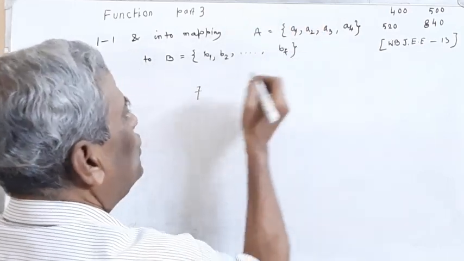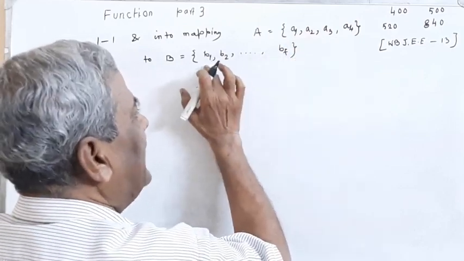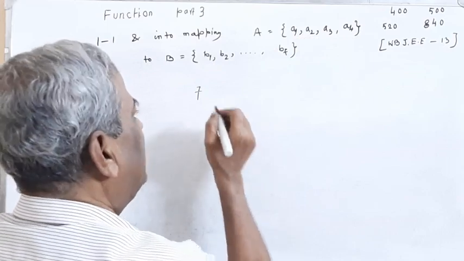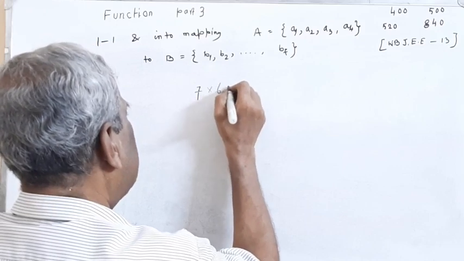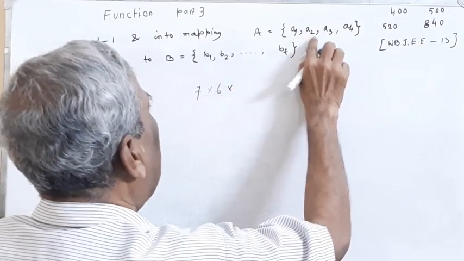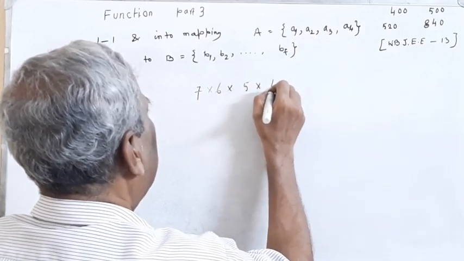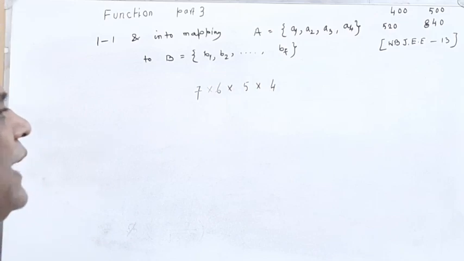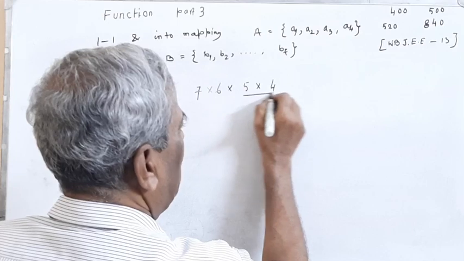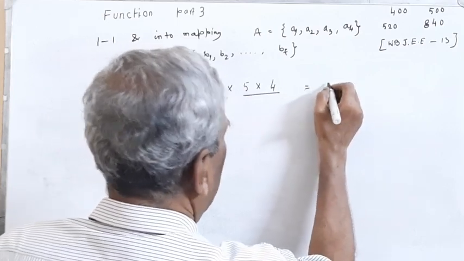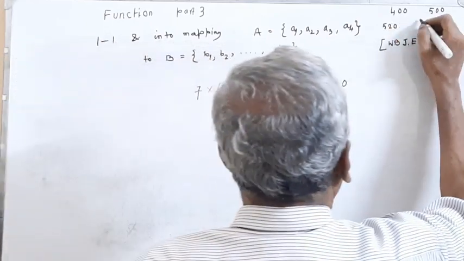Then for A2, there are 6 possibilities, it can go to any of the remaining 6. After these two, 5 elements are left, so A3 can go to 5 elements, and in the same way A4 can go to 4 elements, so that it is equal to 7 times 6 times 5 times 4, 840. So option D is correct.